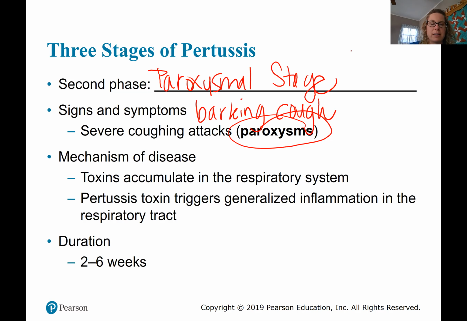And what causes that terrible cough is basically a result of toxins produced by the Bordetella pertussis bacteria, that's causing inflammation of the respiratory tract. So at this stage, a lot of times antibiotics don't really do anything because it's the toxins that have been already released and causing problems. But this stage can last a month or longer.